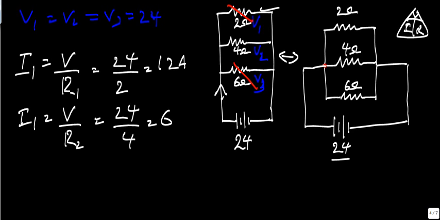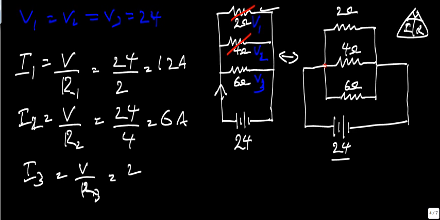So it will be 6 ampere. That's our I2. How about I3? To find I3, we will consider the rest of the resistors do not exist. So you can find it will be V over R3, and that is 24 divided by R3, which is 6, and that's equal to 4 ampere.